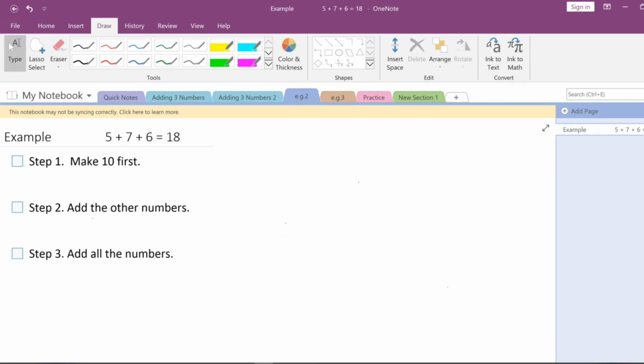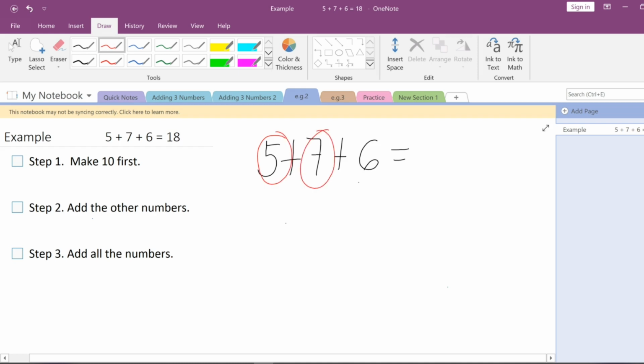Here is another example. But with this example, you will find there are more steps than the first two examples that we had. First step, make 10 first. Can we find any numbers here that when we add them together would make 10? 5 plus 7, is it equal to 10? No. How about 5 plus 6?